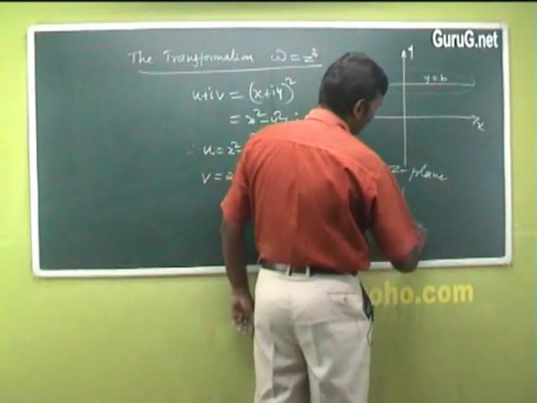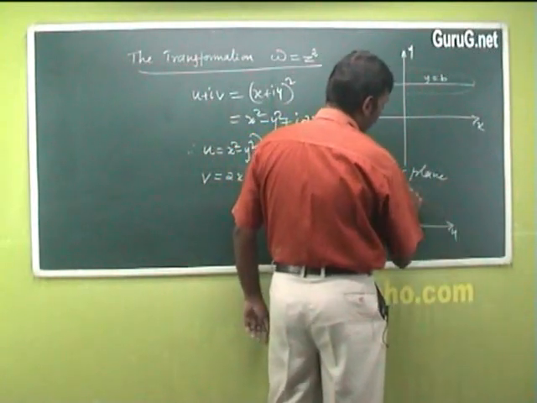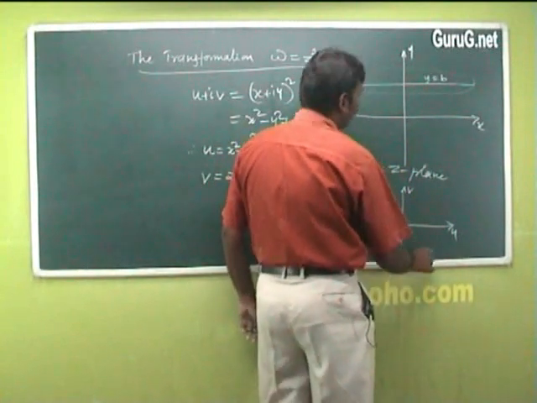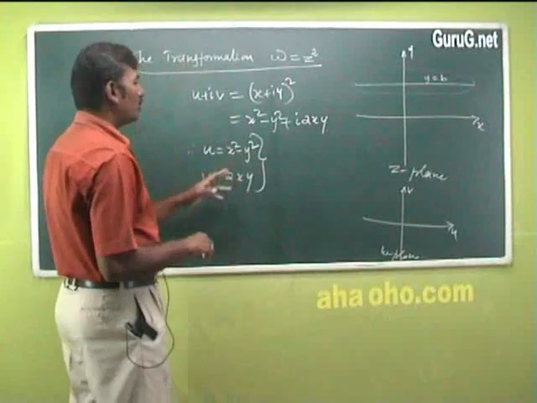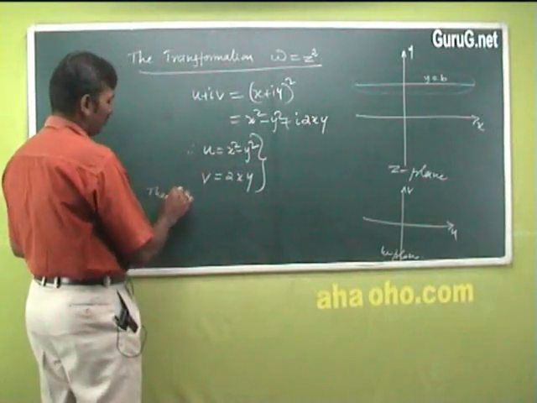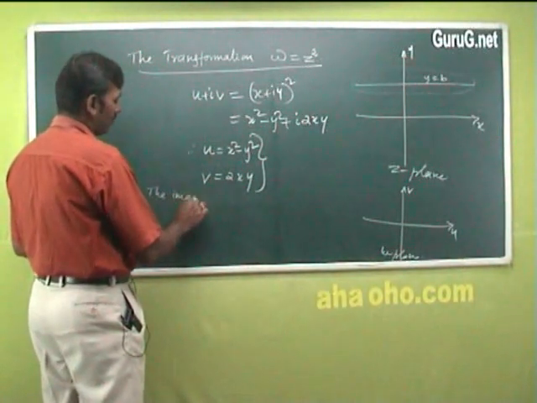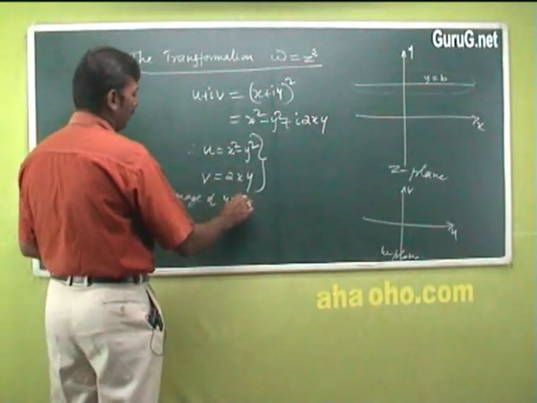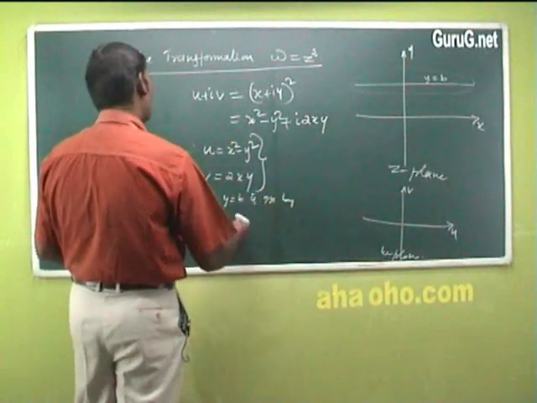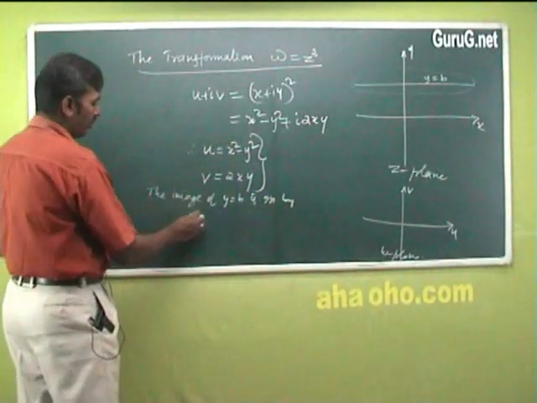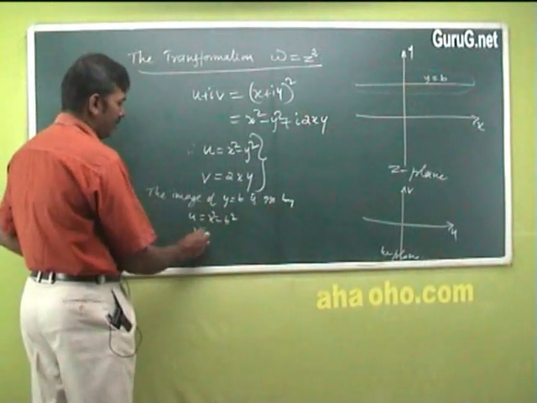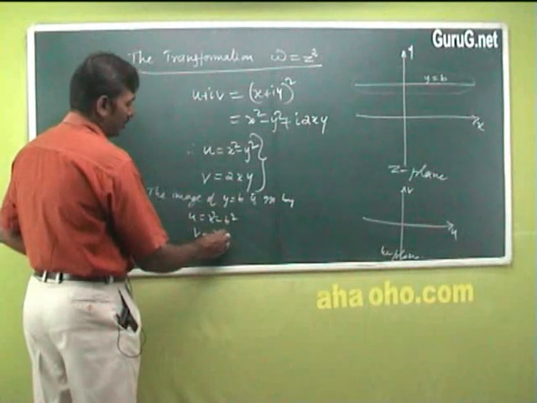What will this transform into in the W plane? So substitute y equal to b in this. The image of y equal to b is given by: substitute y equal to b, so u equal x squared minus b squared and v equal 2xb.